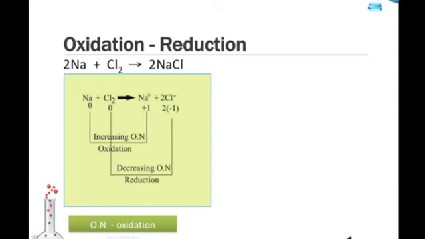That's because it has 1 fewer electron than it normally would. The chlorine has an oxidation number of 0, and then after the reaction, it has an oxidation number of -1. The sodium in this case has increased in oxidation number, which indicates that it has been oxidized. The chlorine has decreased in oxidation number, which indicates that it has been reduced.